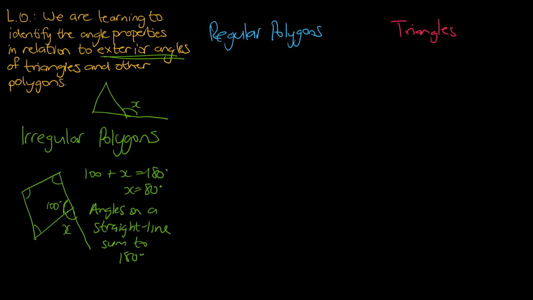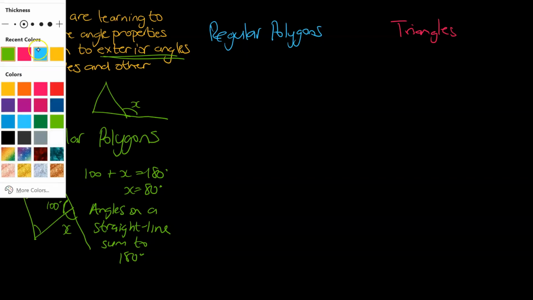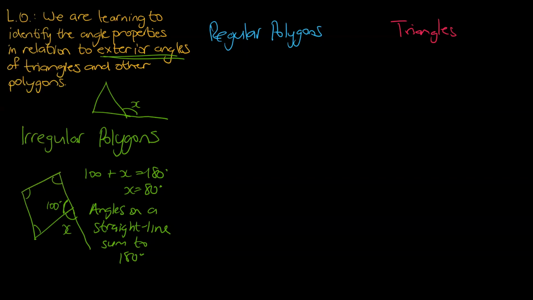So irregular polygons, they're relatively straightforward to figure out the external angles. So we're going to now move on to regular polygons.